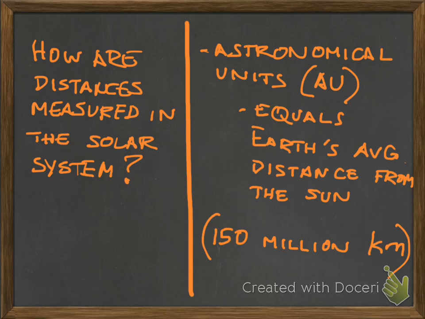So what we do is we make this 150 million kilometers equal to 1 astronomical unit. So instead of 150 million kilometers, we say 1 AU. If something's 300 million kilometers away from something, we say 2 AUs, and so on and so forth.